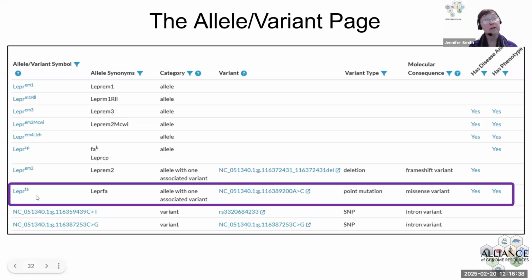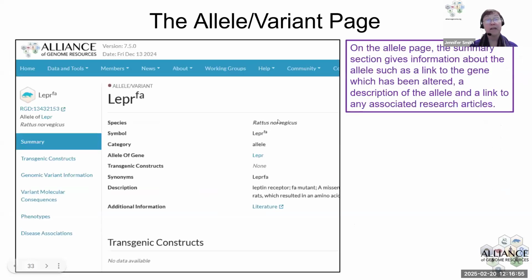The first column of the details table also is a link to that allele or variant page for the allele or variant that you select. So if I choose LEPR fatty allele, LEPR FA, then it takes me to the allele page for that allele.